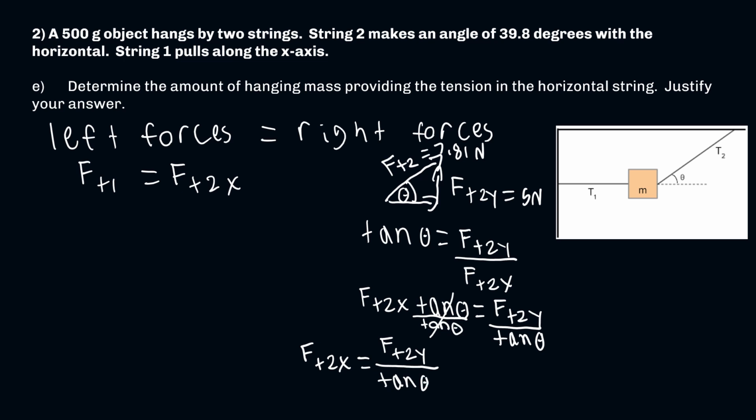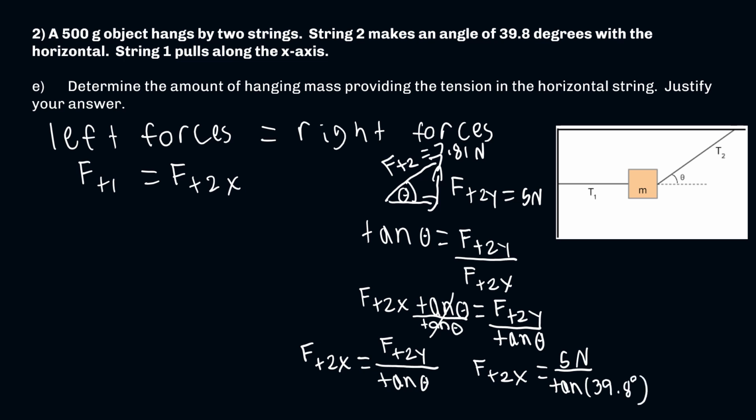So now we can just plug in what we have here. FT2y, that's 5 newtons. We know what tan theta is. So let's do our math. FT2x is equal to FT2y, 5 newtons, over tan theta, that's tan of 39.8 degrees.